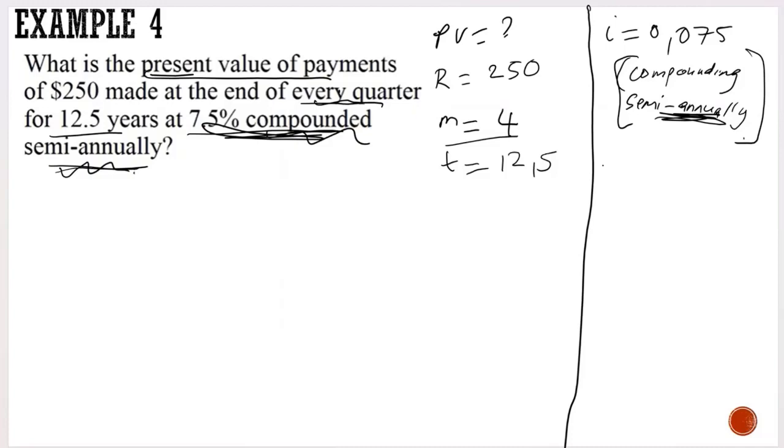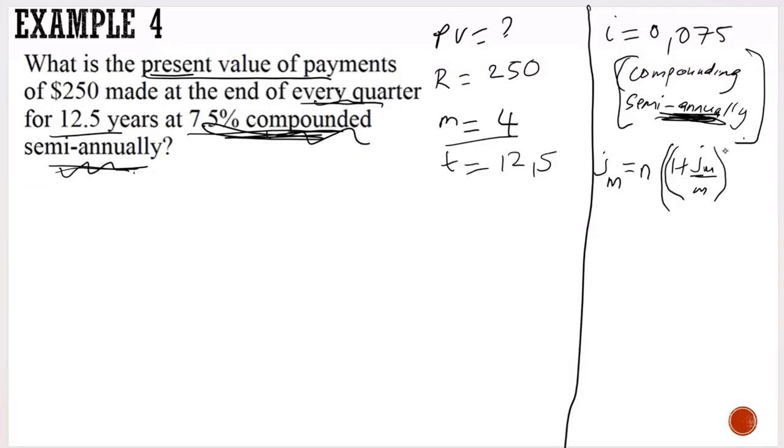Your formula to convert this into a quarterly rate is N into (1 plus JM over M) to the power M over N, minus 1.